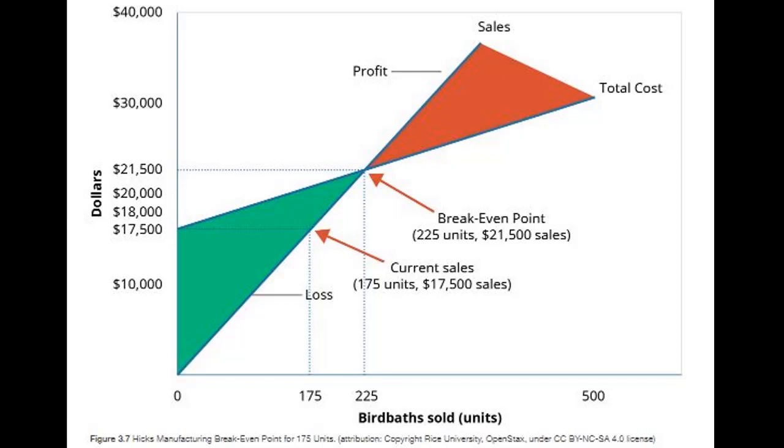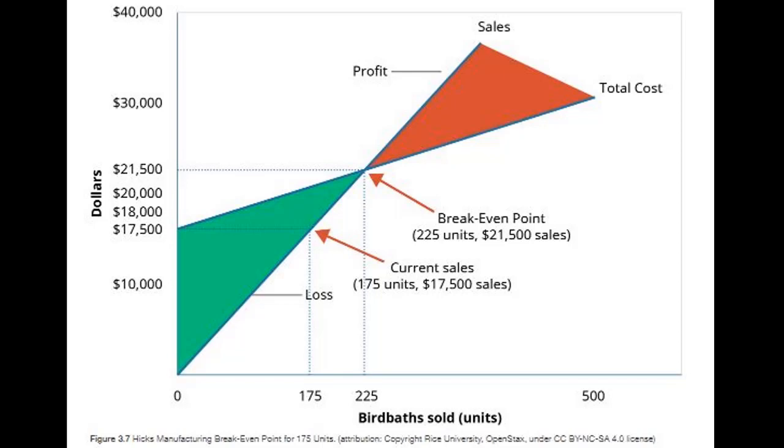But imagine, if you will, looking at that total cost line again, imagine that at, let's say, 175 units, where the total cost line was higher than the sales revenue line and you're losing money, that total cost line was to suddenly leap significantly before resuming its more gradual rate of increase thereafter.